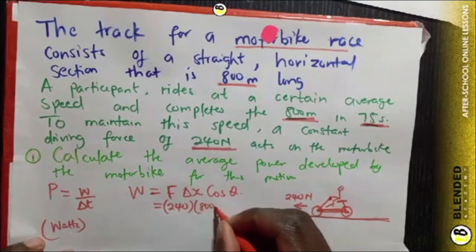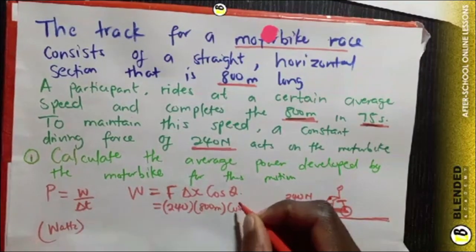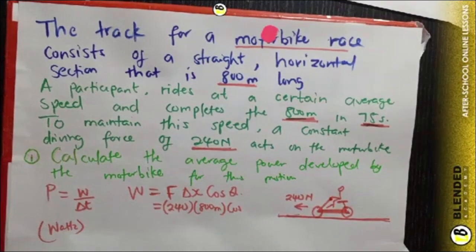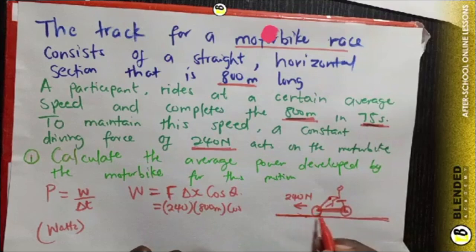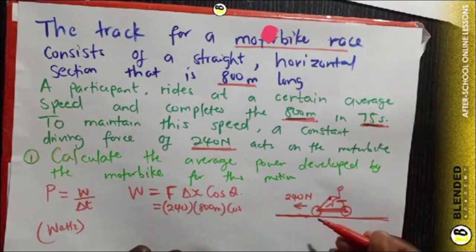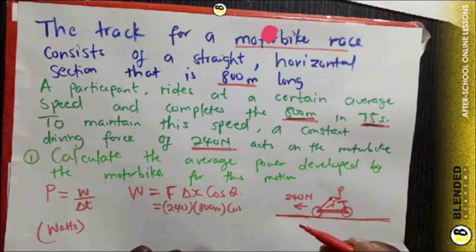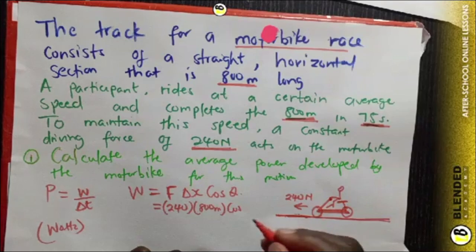Now the angle between the force and the displacement: the force is being applied towards the right, and the motorbike is also moving towards the right. So the angle between the force and the displacement is 0. Okay, so it's 0 degrees.